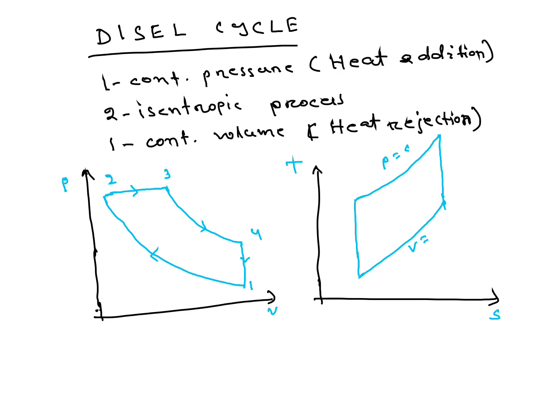Process 2, 3, constant pressure heat addition, and process 4, 1, heat rejection. Constant volume heat rejection. Here heat supplied, heat rejected. 1, 2, 3, 4.